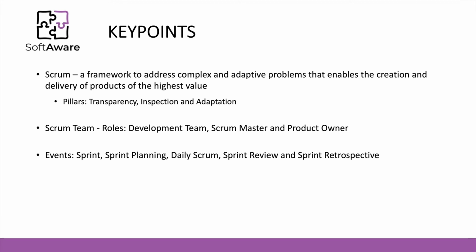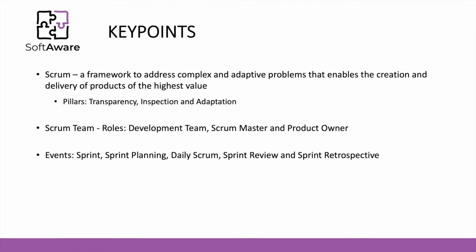Regarding the events available for the Scrum framework, they are all time-boxed events. They are all specifically created to promote the inspection and adaptation that is required within the framework. So the sprint is at the core of the Scrum framework, and all the other events occur directly related to when a sprint begins or when a sprint ends.